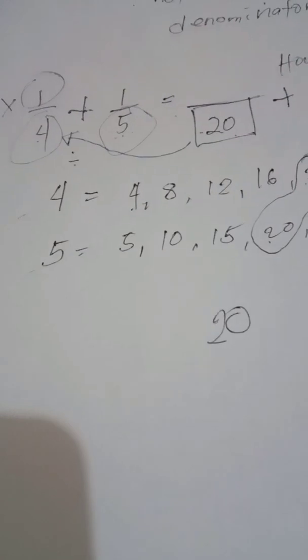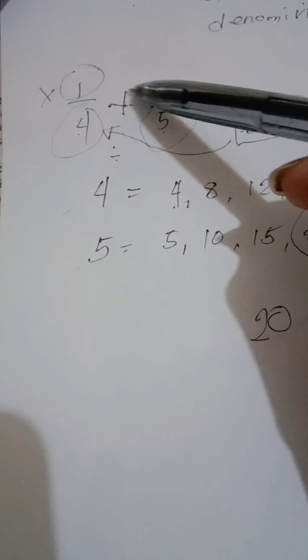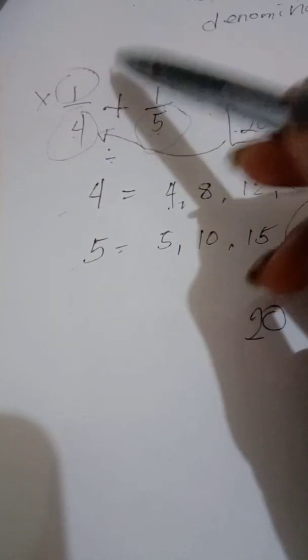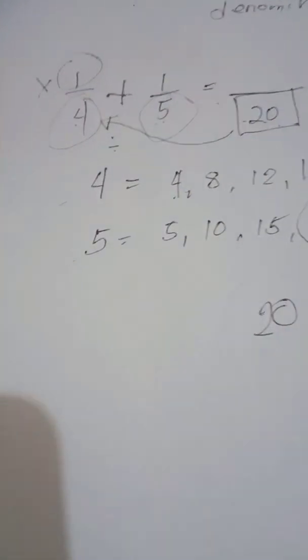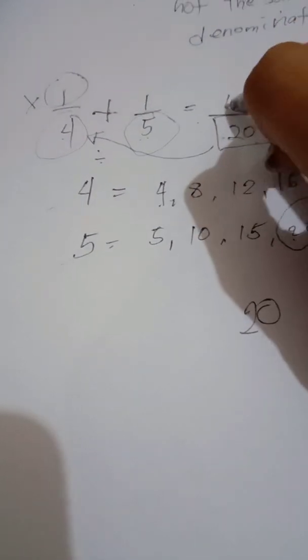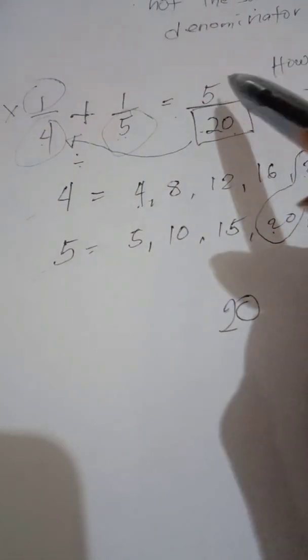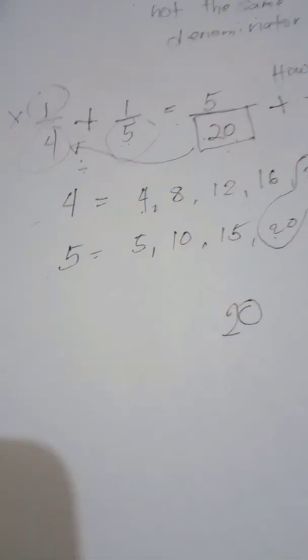After you divide that, you multiply it by the numerator. The answer in 20 divided by 4 is 5. 5 times 1, and 1 is your numerator, so that is 5. So we've got 5 over 20.